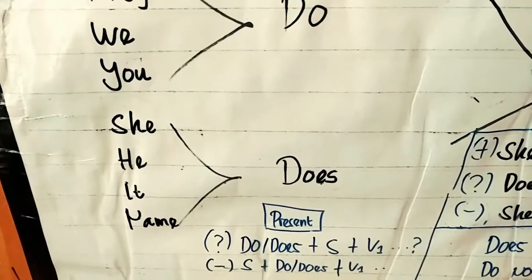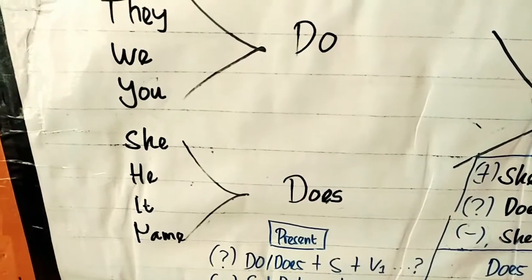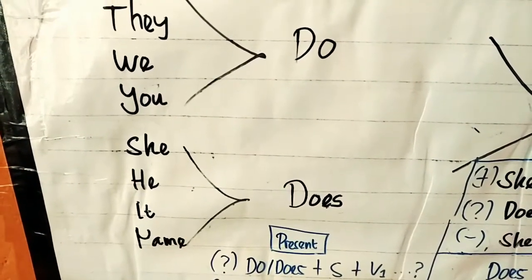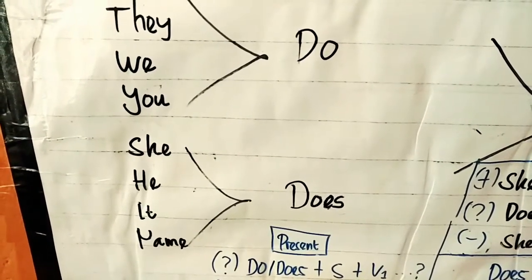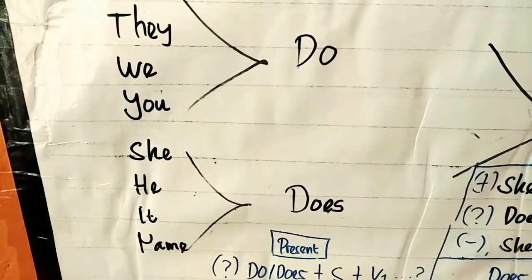Okay, but before that we have to know first which subject is used for do, which subject is used for does or did.